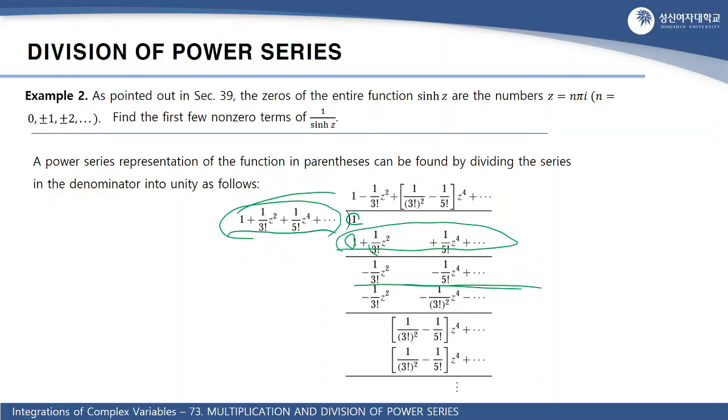Then to cancel the first term, you multiply and write negative 1 over 3 factorial z squared here. Then we get this for the first term. The second is just multiplied by these two terms, and we get negative 1 over 3 factorial squared times z to the power of 4.